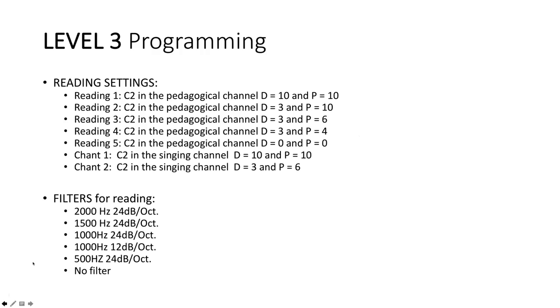So we don't use this type of speed much. And then you have the singing channels, Chan 1 and Chan 2, with a faster gating for Chan 2. Then the different filters, so we have here 1500 that adds up, and different slopes in function of the work we want to do.